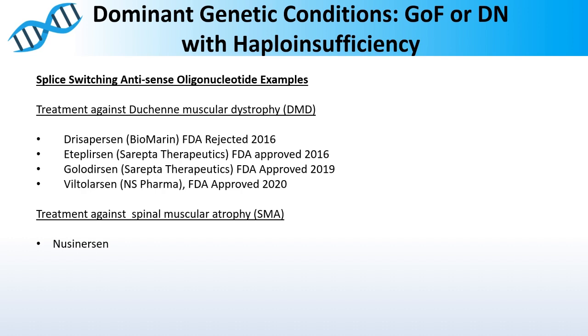One of these was rejected, but even though the others were approved, there really appears to be very little clear evidence of any therapeutic effect against DMD with these ASOs or splice switching ASOs. So at the moment, these are quite controversial, so no harm being aware of that. A better example might be nusinersen, which is a splice switching ASO against spinal muscular atrophy.